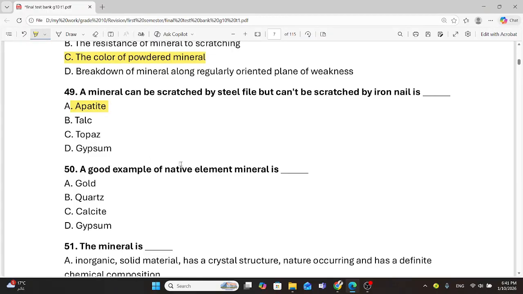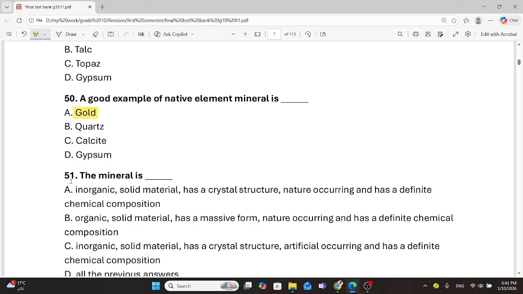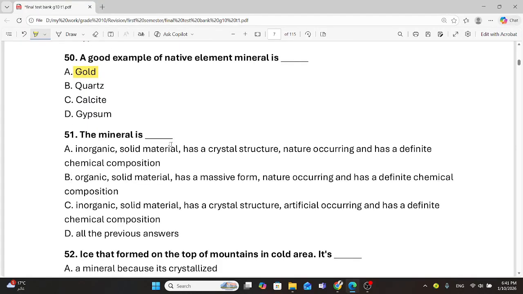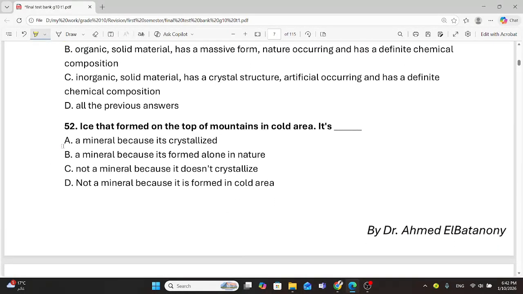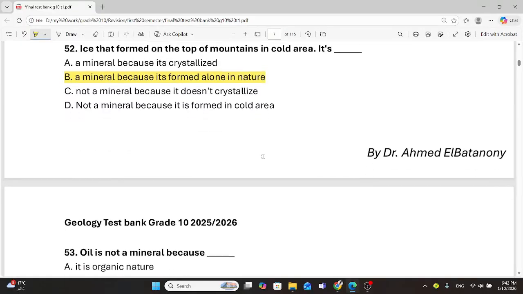A good example of native element mineral is الذهب طبعا. Mineral is inorganic solid material ماشي has a crystal structure natural occurring okay and has a definite chemical composition أو صح. طيب ال ice that formed on the top of mountain in cold area it is a mineral because it is formed alone in nature.